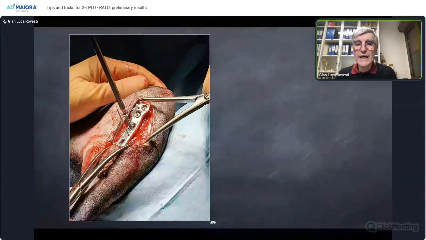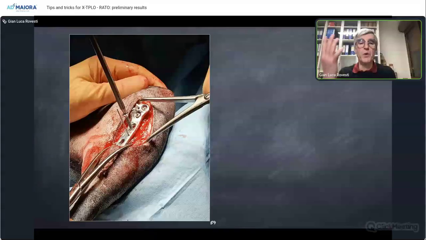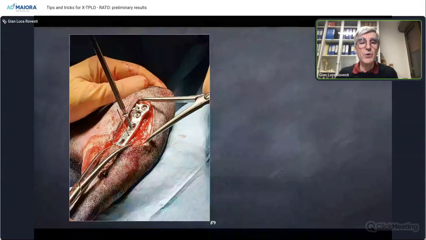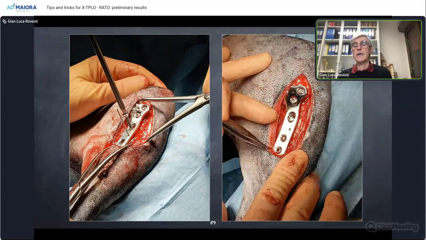And if it will rotate the plate, of course, it will rotate the proximal part of the tibia as well. So this K-wire should hold the plate very flat on the tibia, on the distal side of the tibia, and this screw should be parallel to the direction of this K-wire, okay?